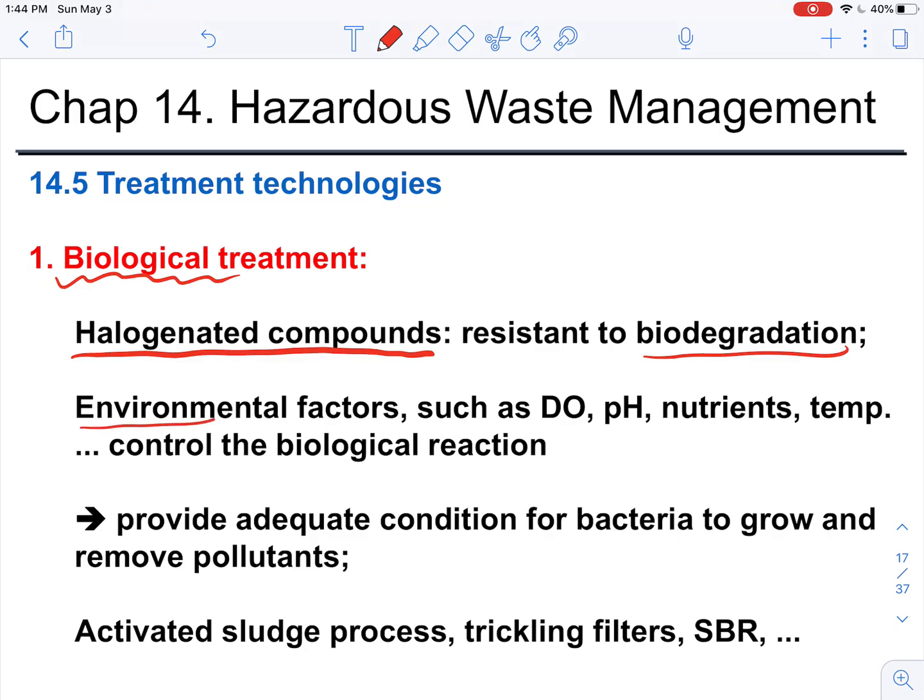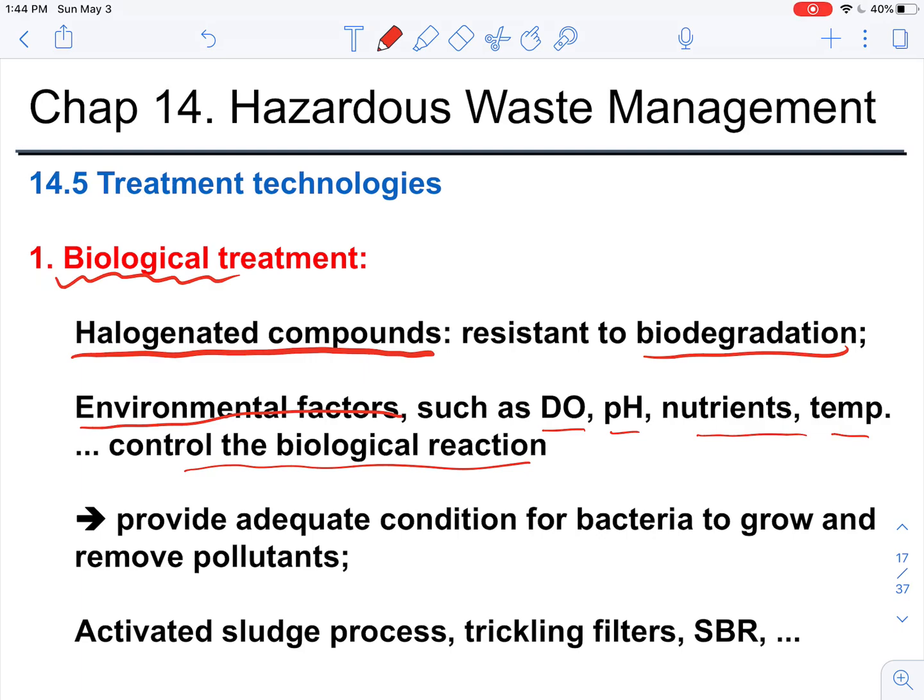So we need to consider the environmental factors, for example dissolved oxygen, pH, nutrients, and temperature, to control this biological reaction, right? This reminds you of the wastewater treatment process. Basically, we can use bacteria to deal with these organic species.